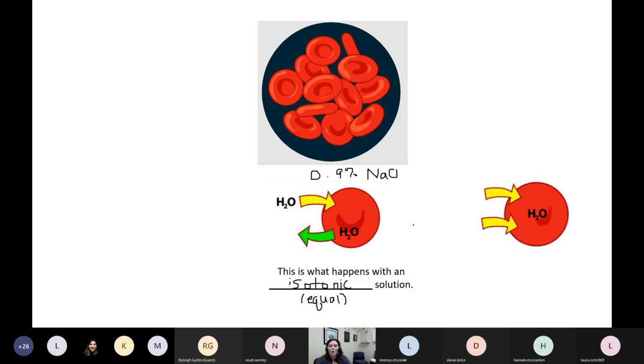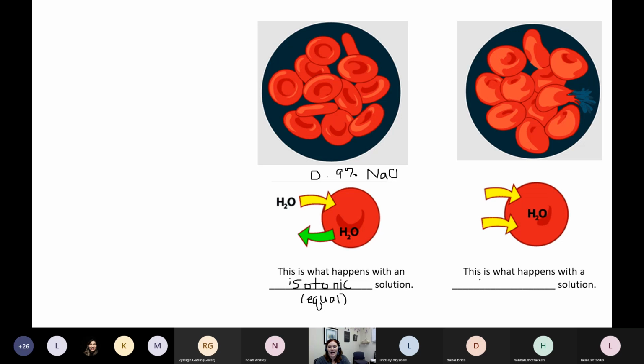You start getting into trouble when we put our red blood cells in a solution that is hypotonic. Hypotonic. Remind me, because I forgot, does a hypotonic solution have a lower or a higher concentration? Hypotonic.